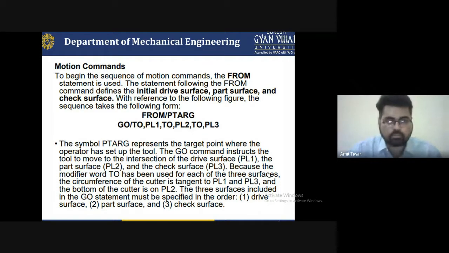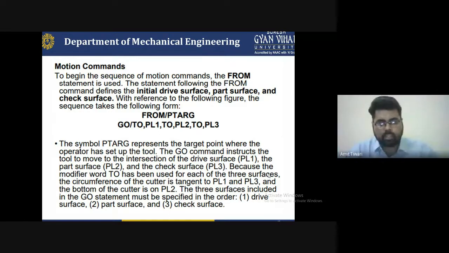So PTARG represents the target point where the operator has set up the tool. The GO command instructs the tool to move to the intersection of the drive surface, that is PL1, the part surface, that is PL2, and the check surface is PL3.